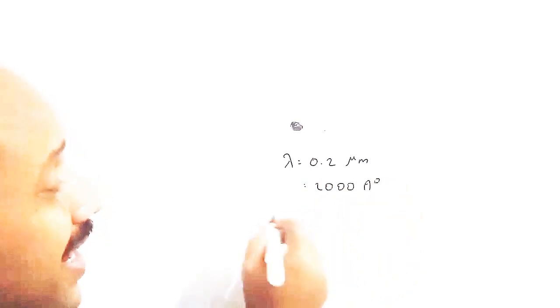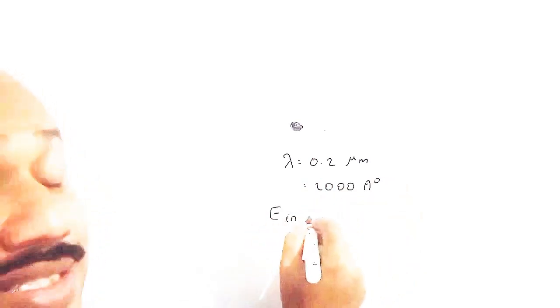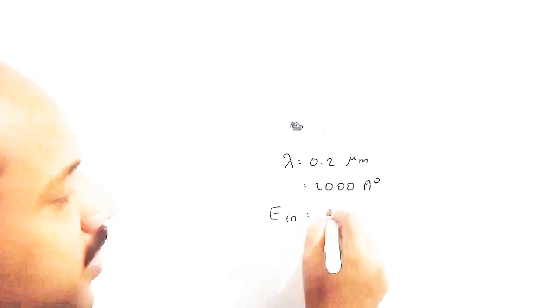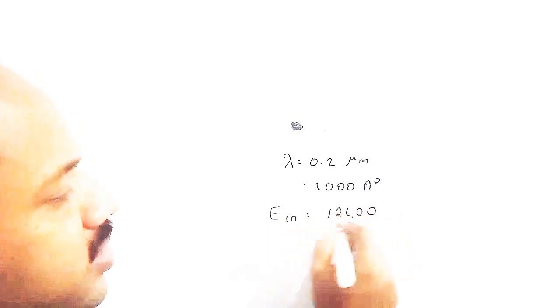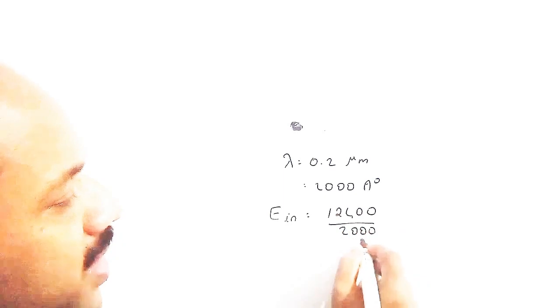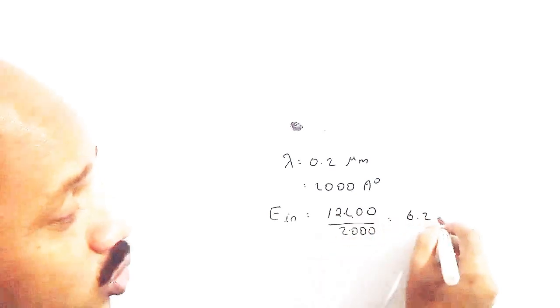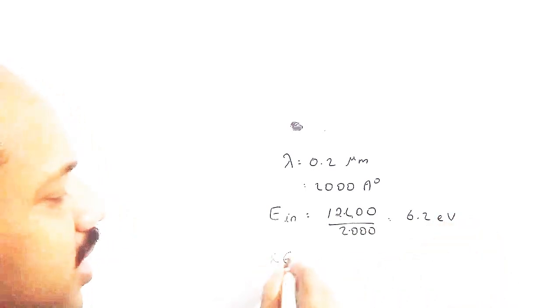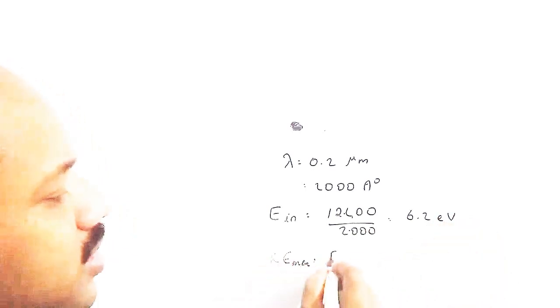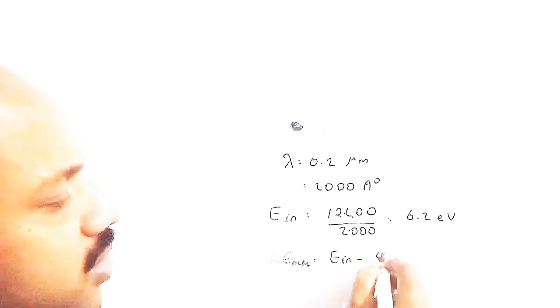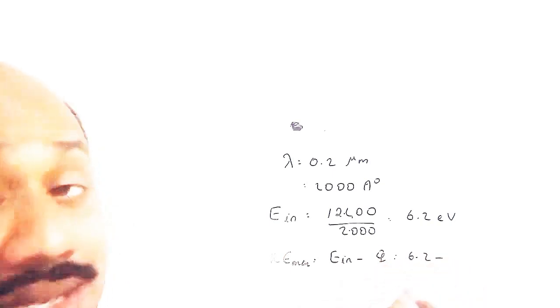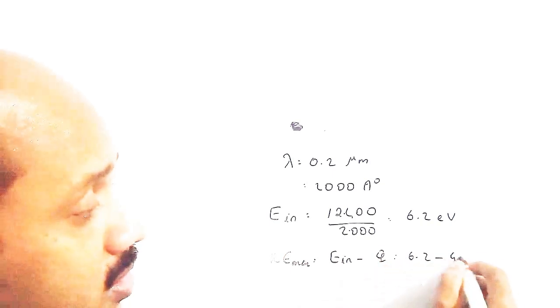2000 angstrom. Energy of this incident photon in electron volt is 12400 divided by 2000. It is 12.4 by 2, that is 6.2 electron volt. Therefore, the maximum kinetic energy of the emitted electron is incident energy minus work function, that is 6.2 minus 4.6.